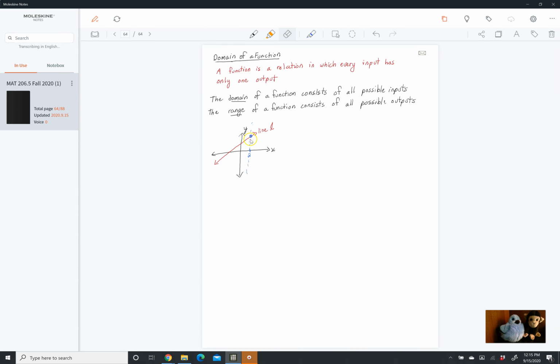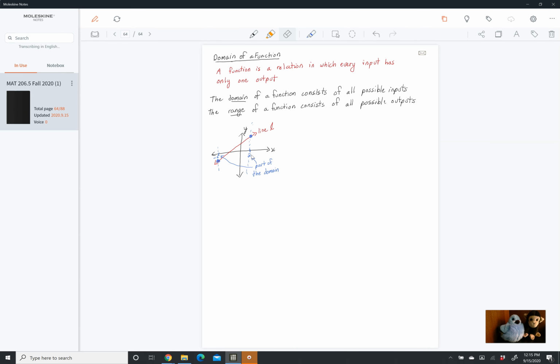Okay, so we hit the graph at x equals 2. x equals 2 is part of the domain. If we took x equals -6, let's say, well, this is also part of the domain, because x equals -6 also passes through the graph.